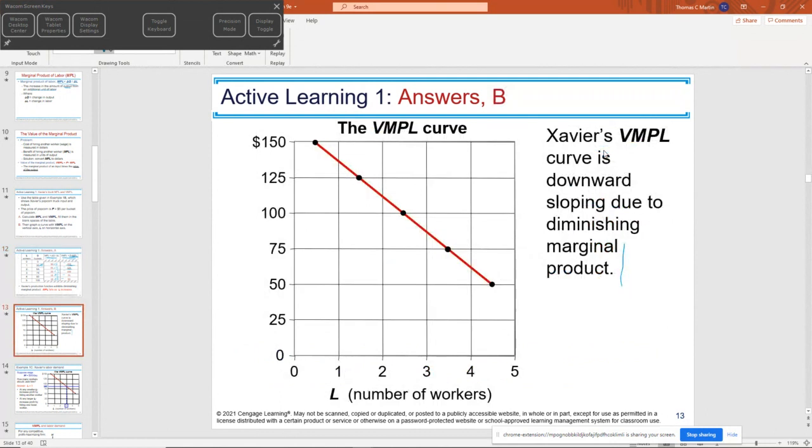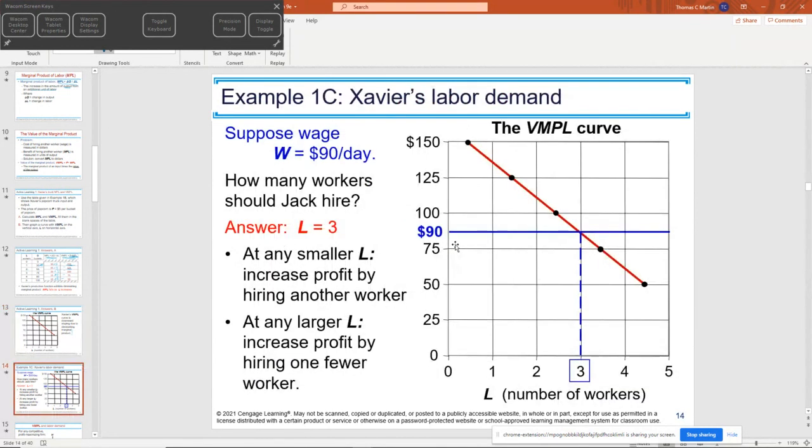If we graph that, we can see it's a downward sloping curve. It's telling us as we move along, this number will continue to fall. So we see the value of the marginal product of labor diminishing as the increase in output decreases. Now, let's say the wage is $90 a day.